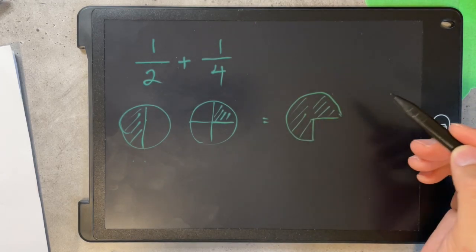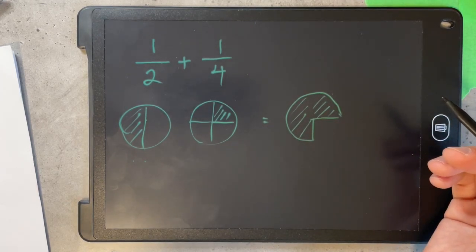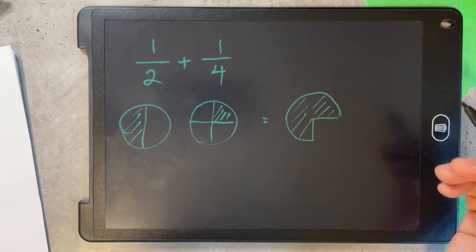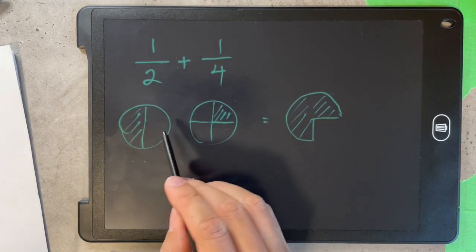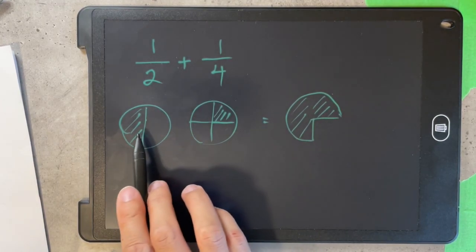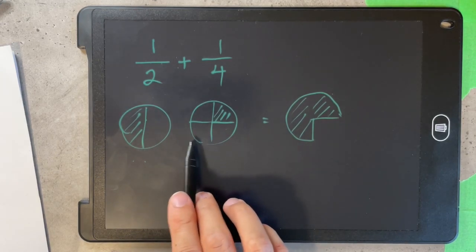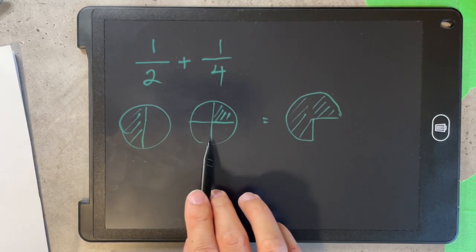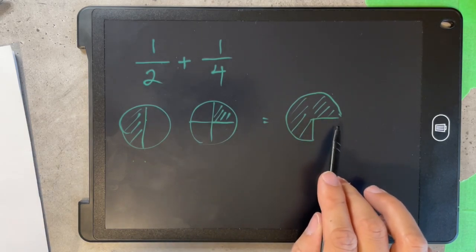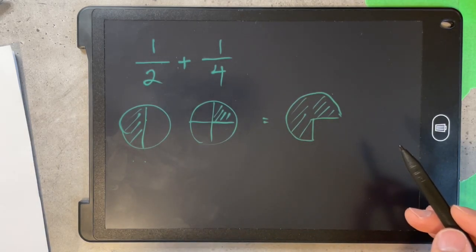Just by looking at it, it's hard to tell what the fraction is. But if you split it so that both of these pies, the 1/2 and the 1/4, have the same equal pieces, then you can easily tell what the fraction is.